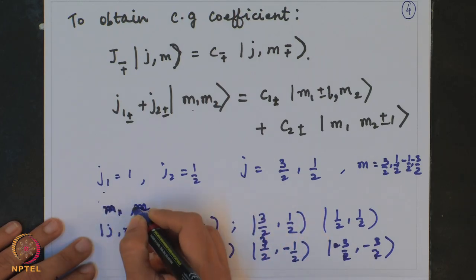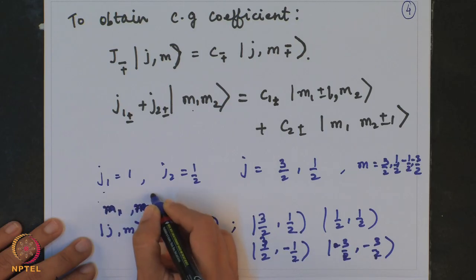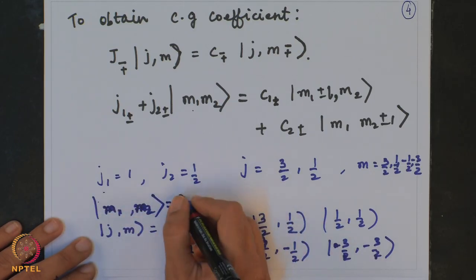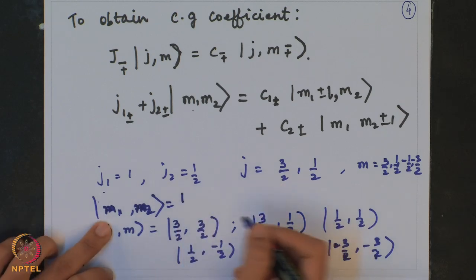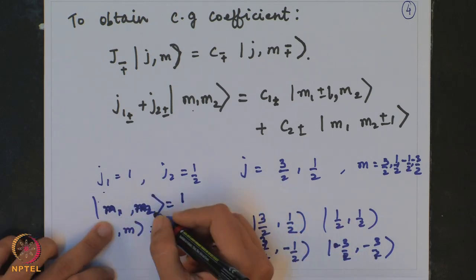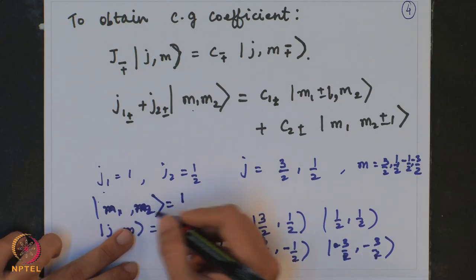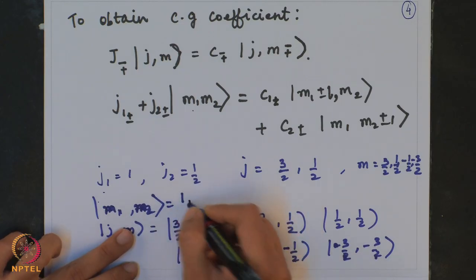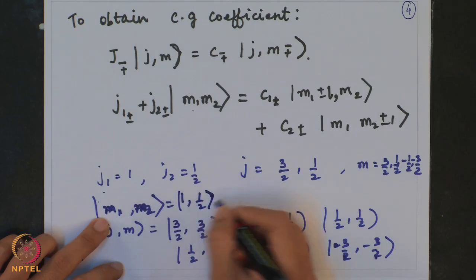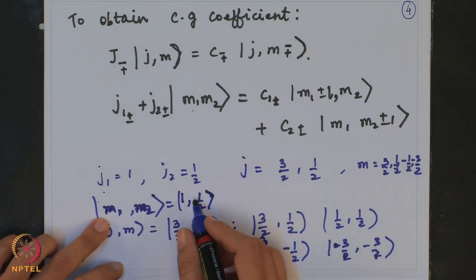So, M1, M2, let me rewrite it here only. M1 can take values 1, 0 and -1, and M2 can take values 1/2 and -1/2. So this will be 1 and 1/2, which is the highest state that can be achieved.